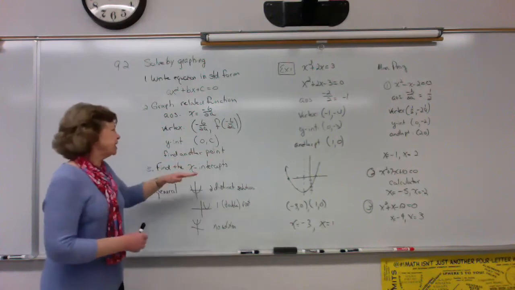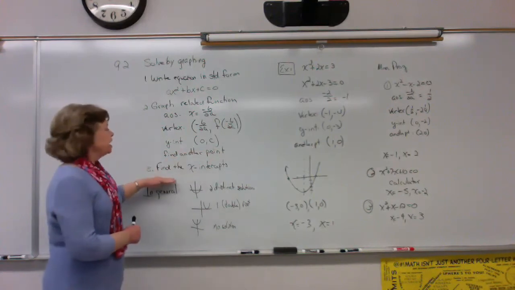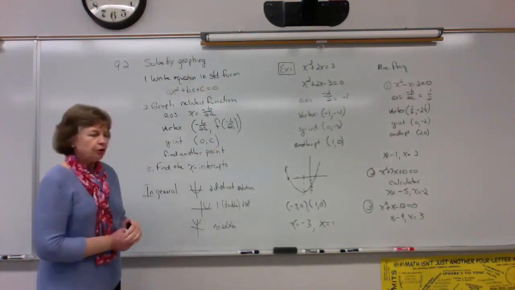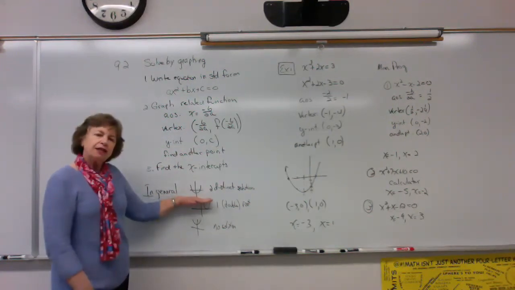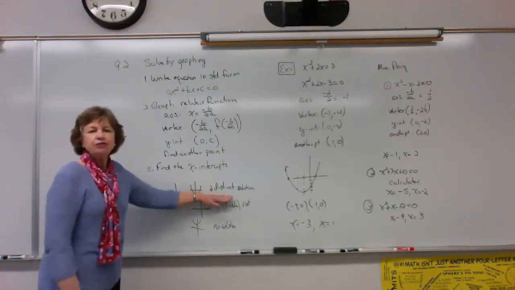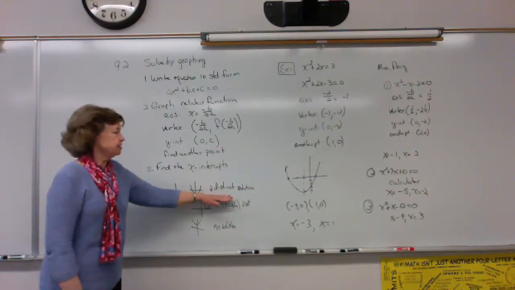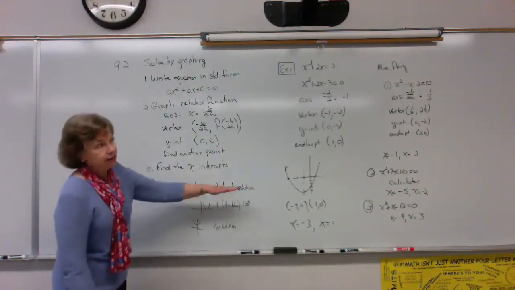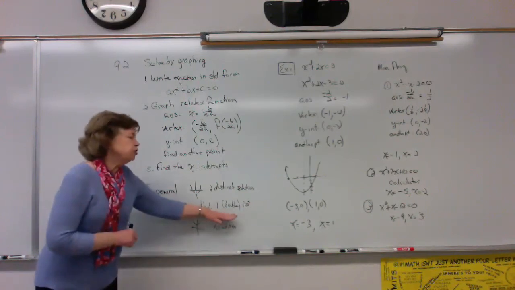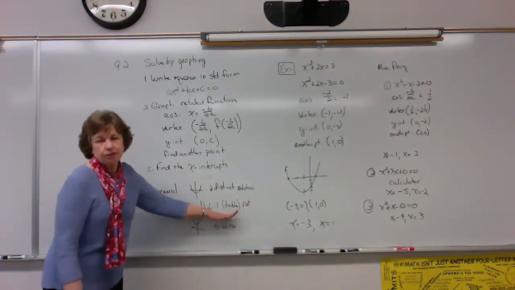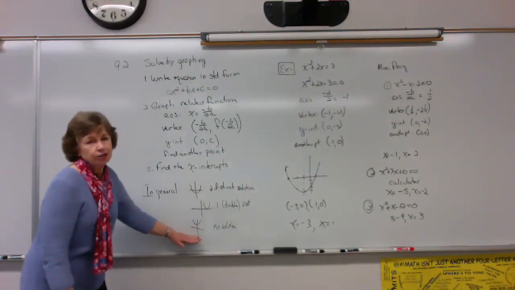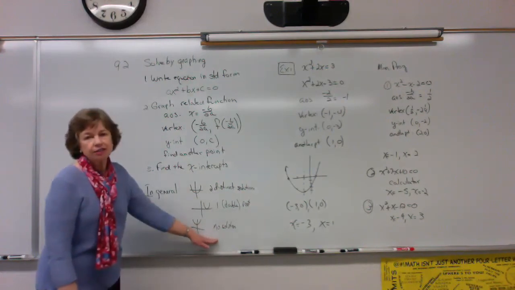Then to graph by hand, we find another point, sketch it out, and find the x-intercepts. In general, if that parabola intersects the x-axis in 2 places, you have 2 distinct roots, 2 distinct solutions, 2 distinct x-intercepts. If that parabola touches and then goes, you have 1 solution, 1 double root. And if it doesn't intersect the x-axis at all, then you have no real solution.